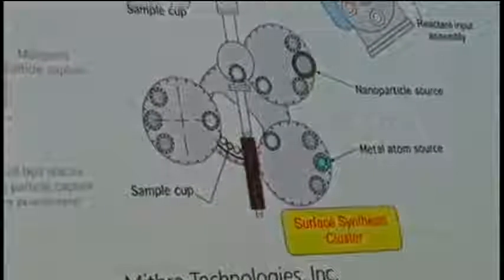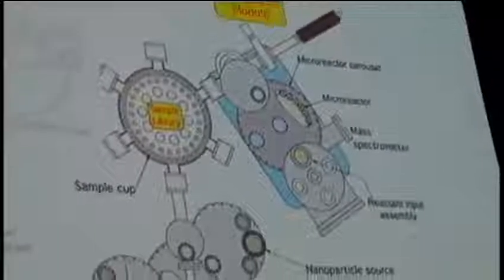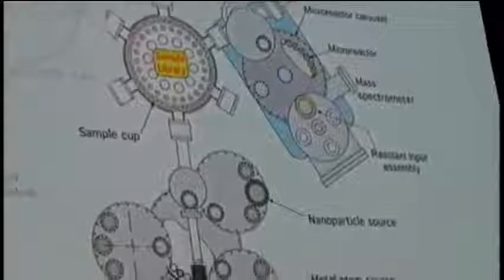But going forward, we'll be integrating it in a closed system under vacuum, and we're anticipating not only doing the metal atom source, but also having a capability of having nanoparticle addition to the catalyst particles, which is shown here in this carousel. And then the particles can be transported over to the sample library and then undergo the TAP, temporal analysis of product analysis. So this system will be in the future being constructed.